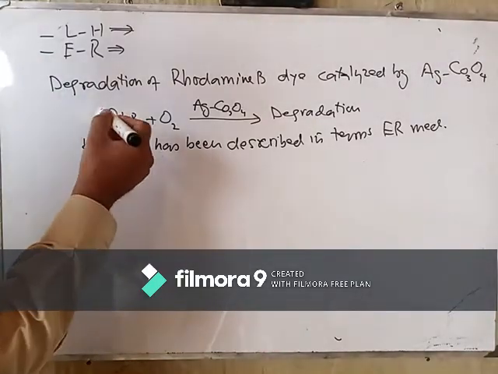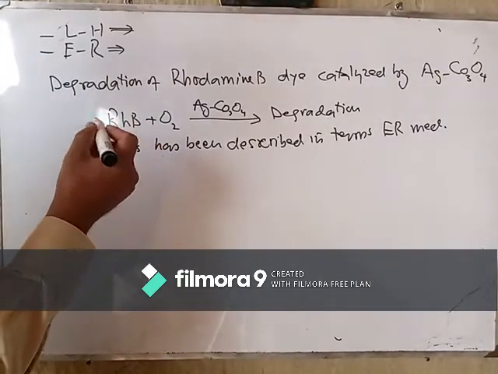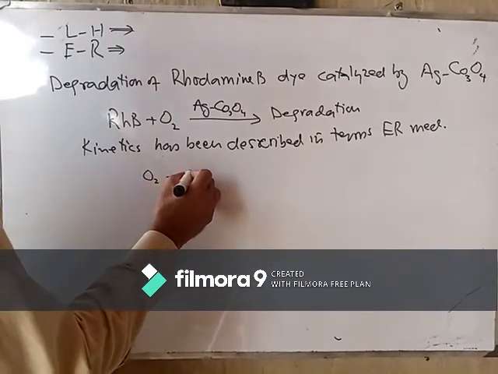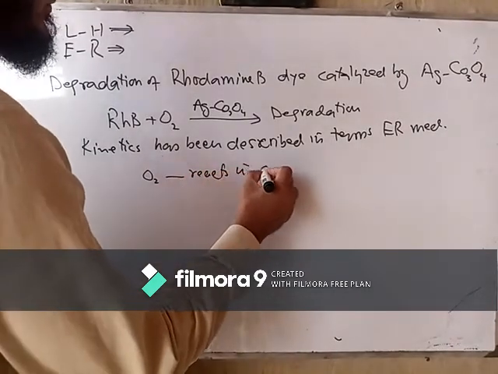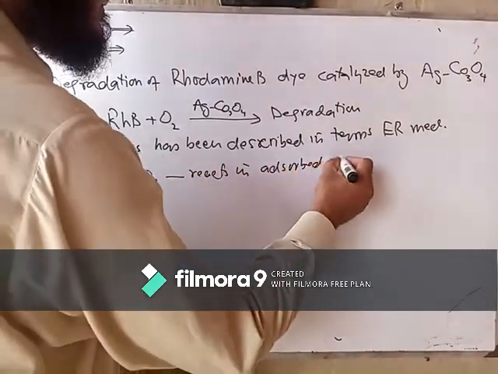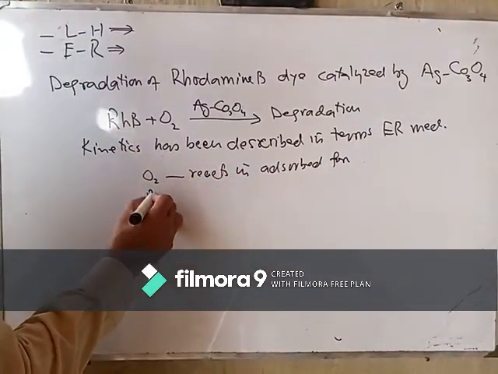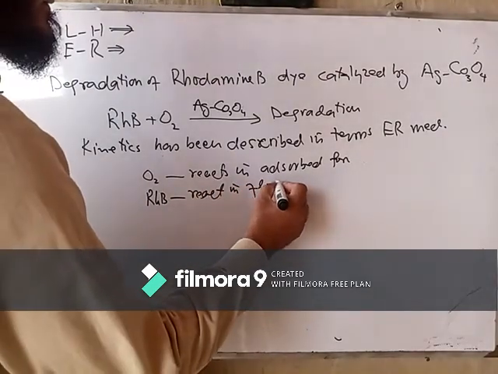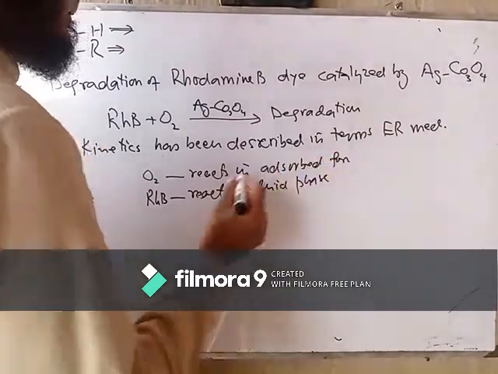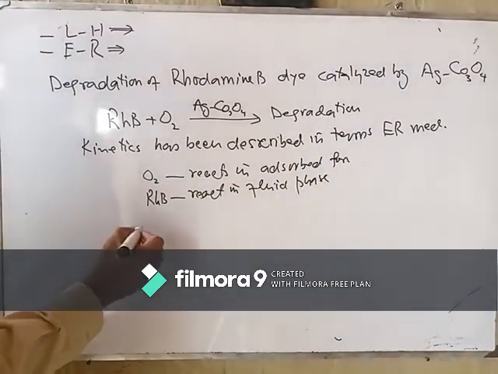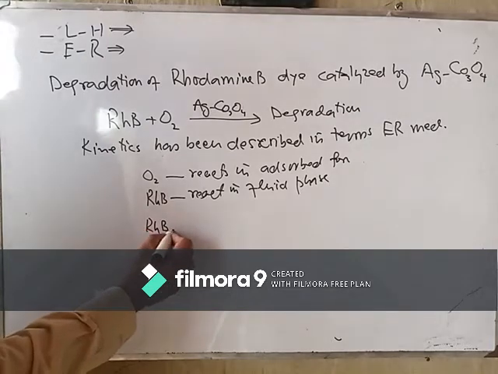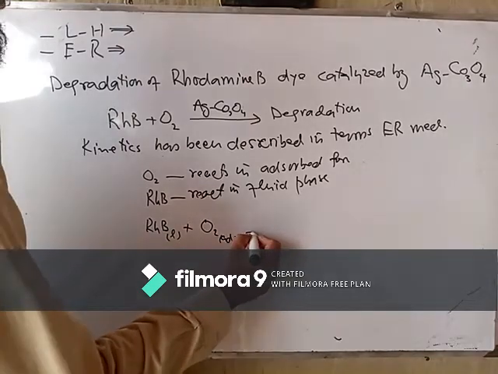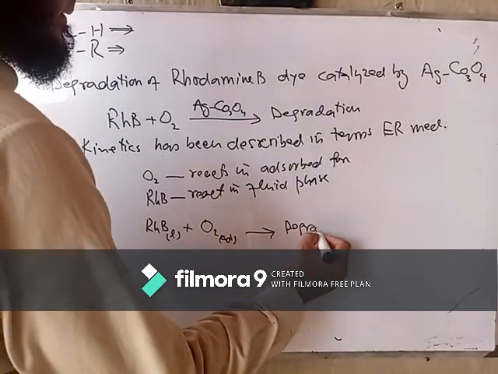According to studies, it has been proposed that oxygen in this reaction reacts in adsorbed form and rhodamine B reacts in the fluid phase. That is, RhB in liquid and O2 in adsorbed form give degradation product.